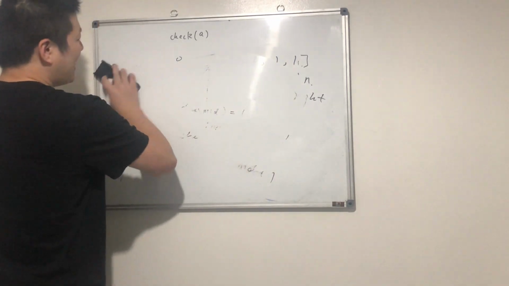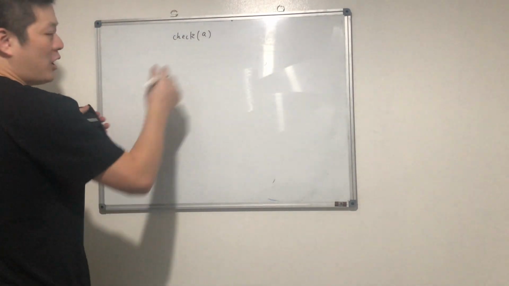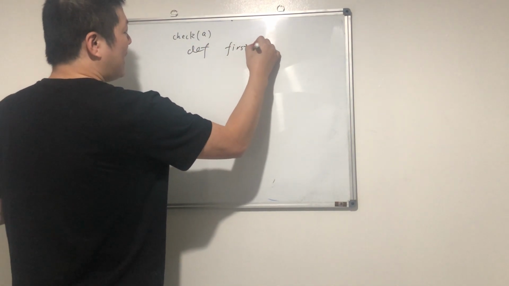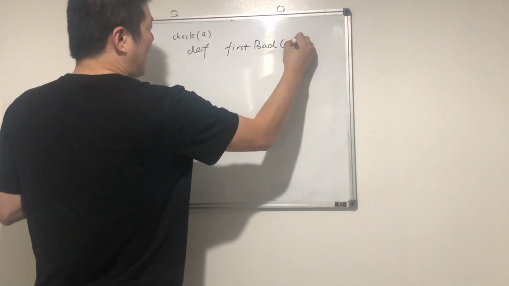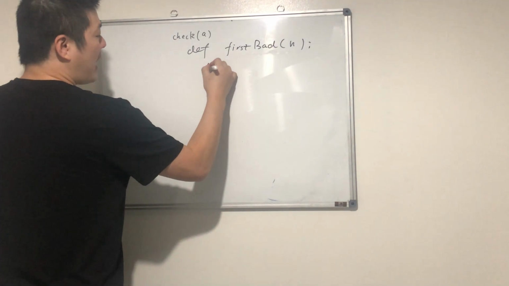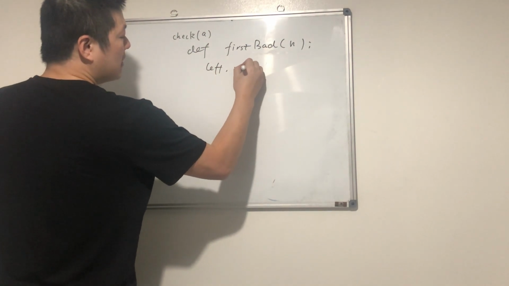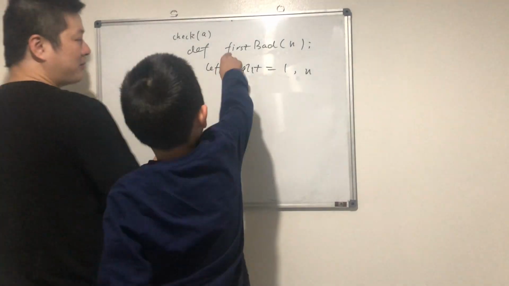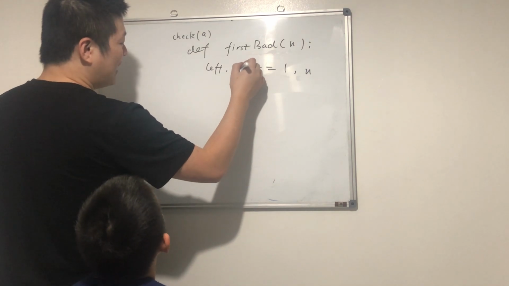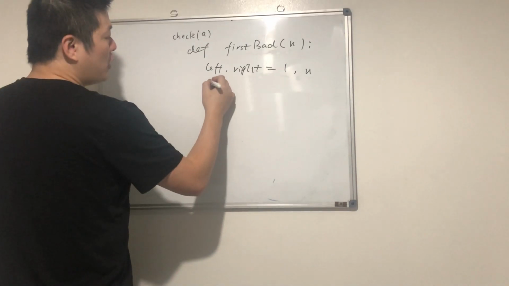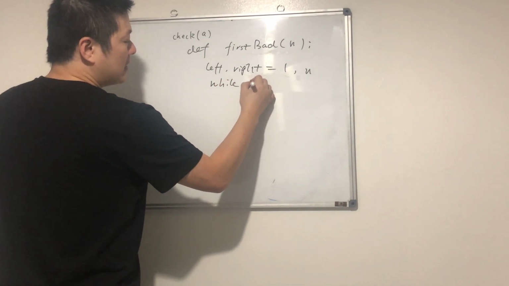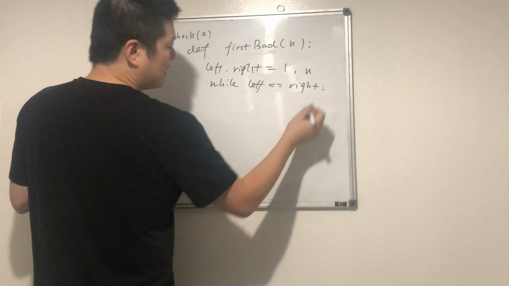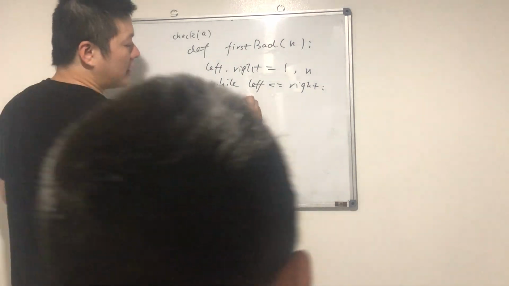Okay, let's do the coding. Define first bad, with left and right. Left is 1 and right is n. Then while left is smaller than or equal to right, mid equals what?